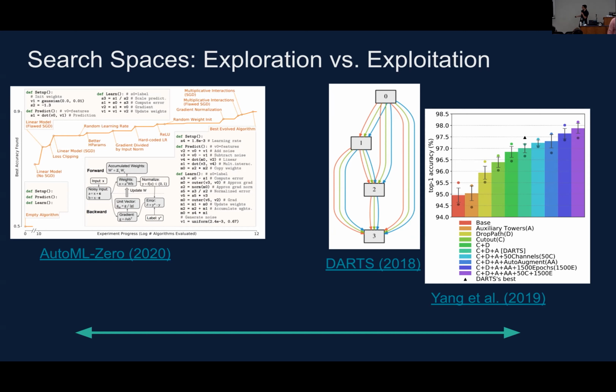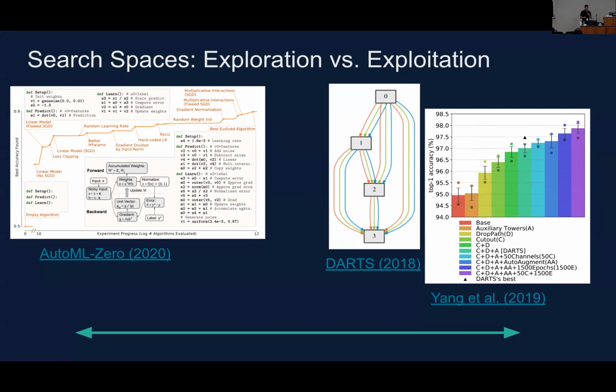And on the other side, I have cell-based search spaces, which are really exploit heavy and encode a lot of human bias. So when we have a search space like this, the average architecture does really well, but searching doesn't improve performance by that much since the search space is so much smaller.